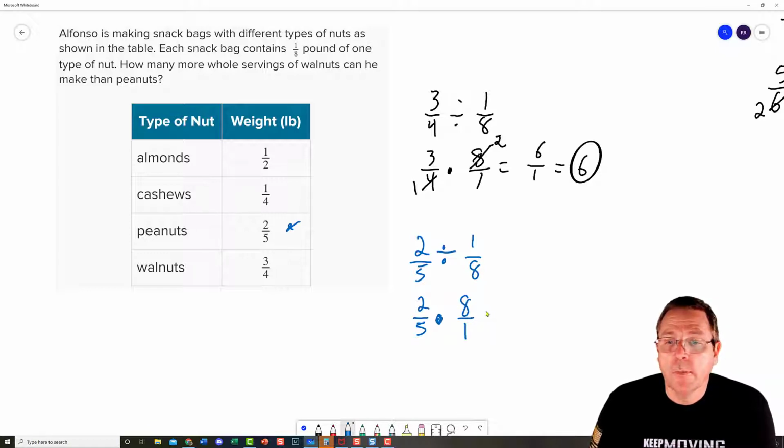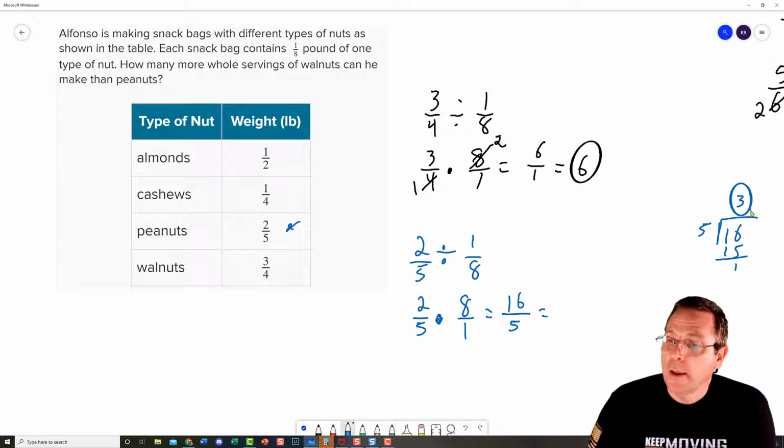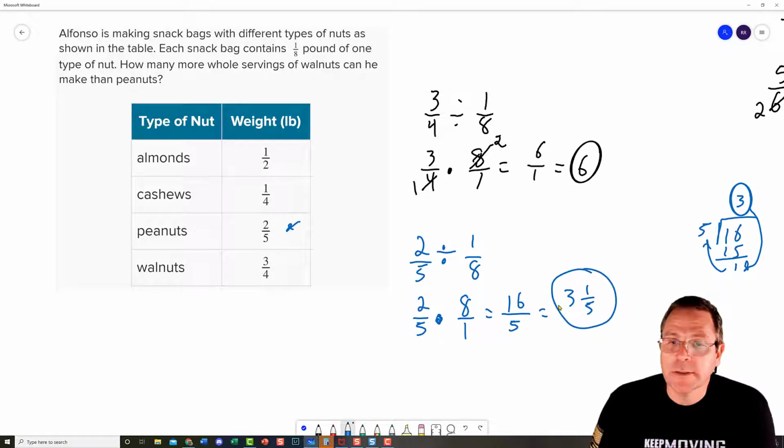So we're going to multiply. 2 times 8 is going to be 16. 5 times 1 becomes 5. And when you divide that out, 5 went into 16 3 times. 3 times 5 is 15. And you get 3 and 1/5. So you have 3 and 1/5 bags of peanuts.